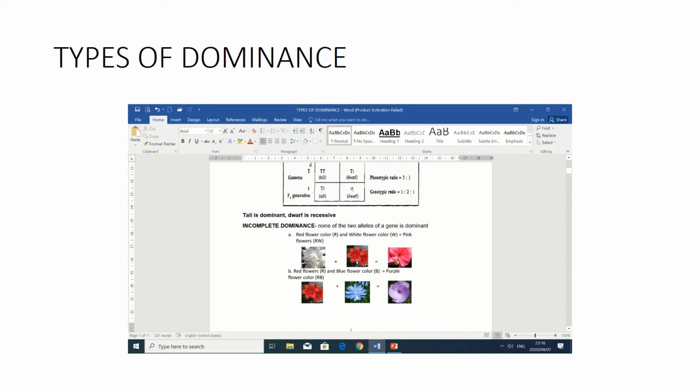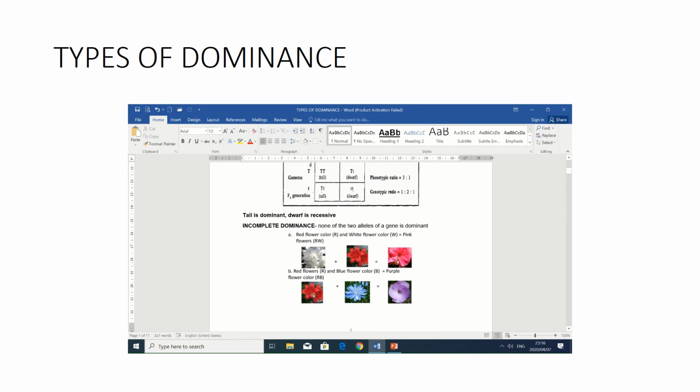But because the allele for red flower is not dominant over the allele for white flower, and also the allele for white flower is not dominant over the allele for red flower, none of the alleles are dominant over the other. Hence, we have an offspring that is showing us an intermediate characteristic in terms of phenotype, which is pink.